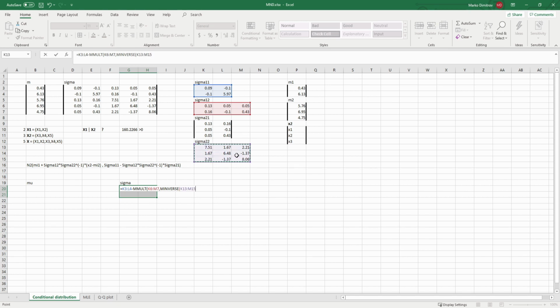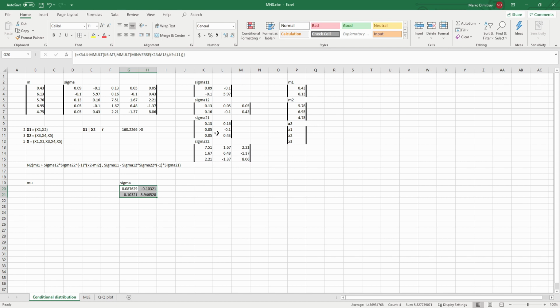Sigma 2, 2 inverse, right? And okay, so we need here one more matrix multiplication of sigma 2, 2 to the power of minus 1 and our sigma 2, 1. Control Shift Enter and we get our matrix. So this is our covariance matrix. Let's put it in order.